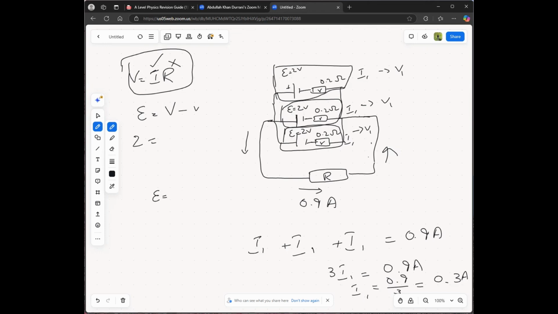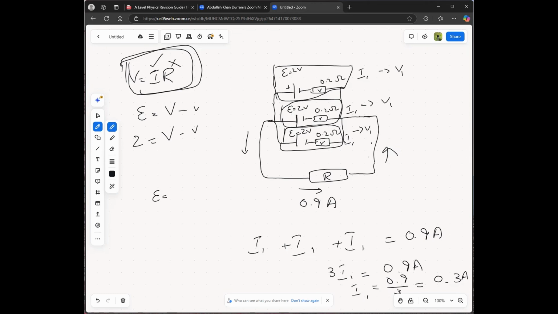So it's 2. We don't know the capital V. We can't calculate it with the first formula because we don't know the resistance. We know the total current, but we don't know the voltage and the resistance. So there are two unknowns here, so we can't use that. So the other formula is this. We know the EMF already, which will be combined and it will still be 2 volts because they are connected in parallel.